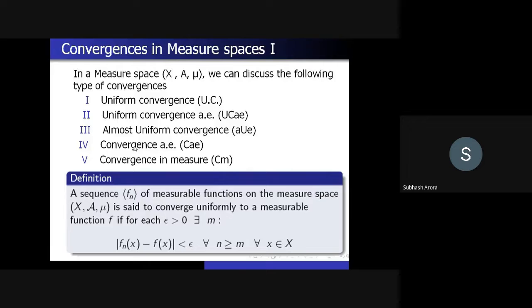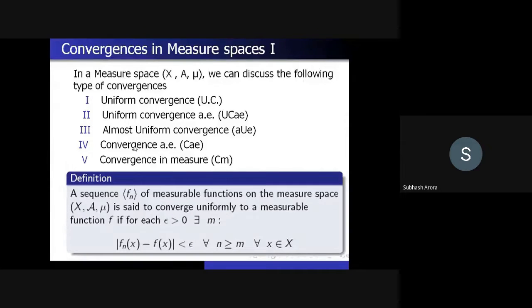Come to convergence in measure spaces. What is a measure space? Of course, we take a non-empty set X and a sigma algebra A of subsets of the set X. What is a sigma algebra? A sigma algebra is a collection of subsets of the set X, containing the empty set and closed under countable union and also complementation.